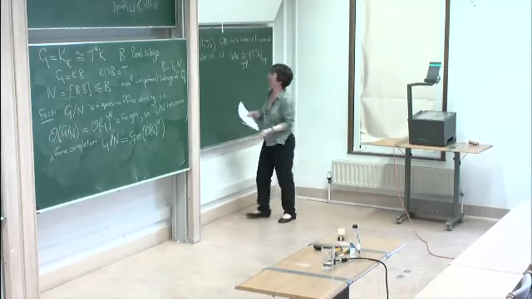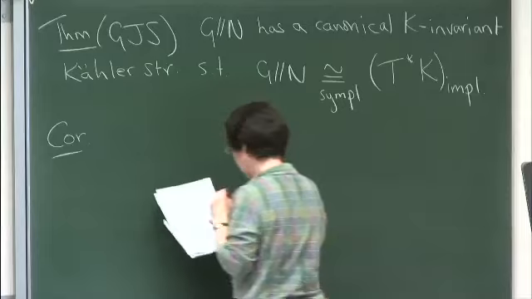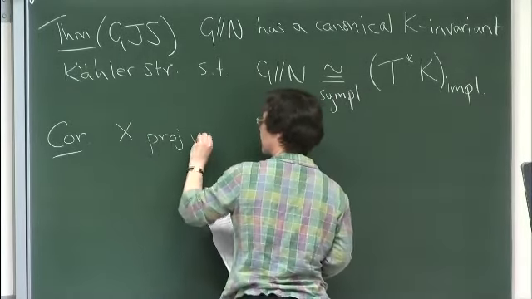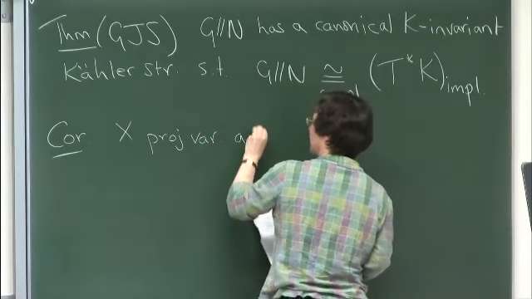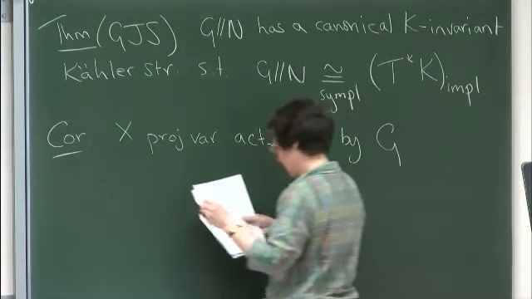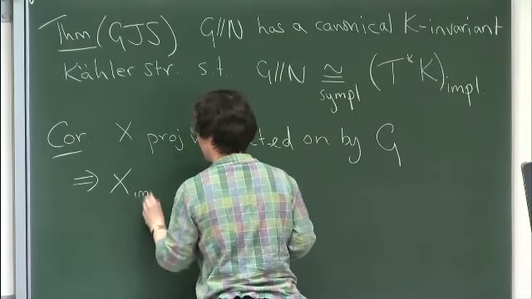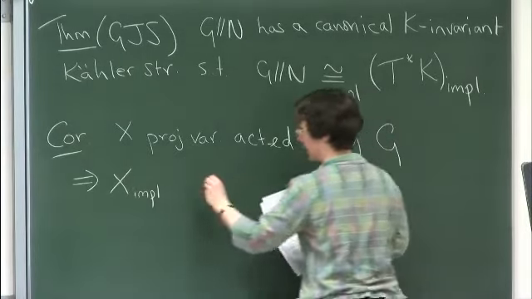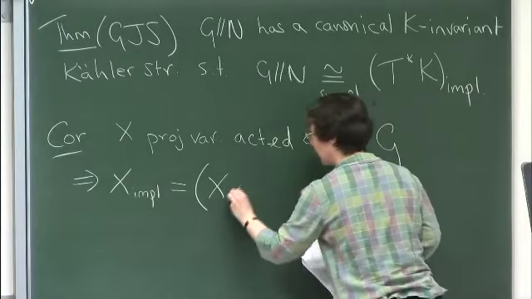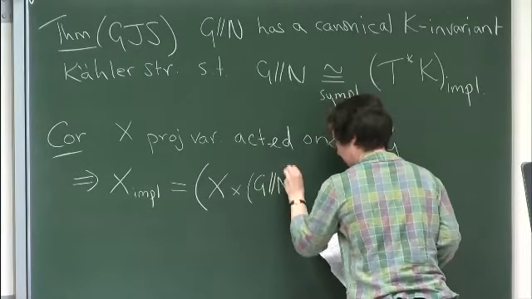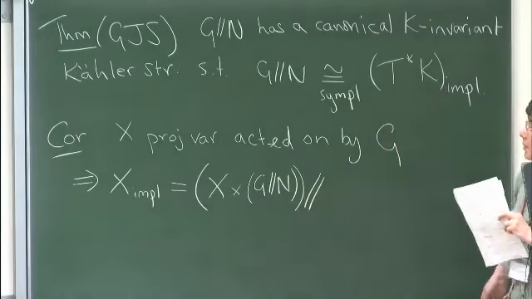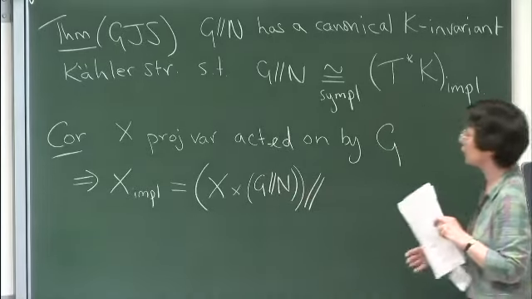And so the immediate corollary is that if X is, let's say, a complex projective variety acted on by G, then the imploded cross-section is isomorphic to X cross the universal symplectic implosion, which is just this non-reductive GIT quotient.